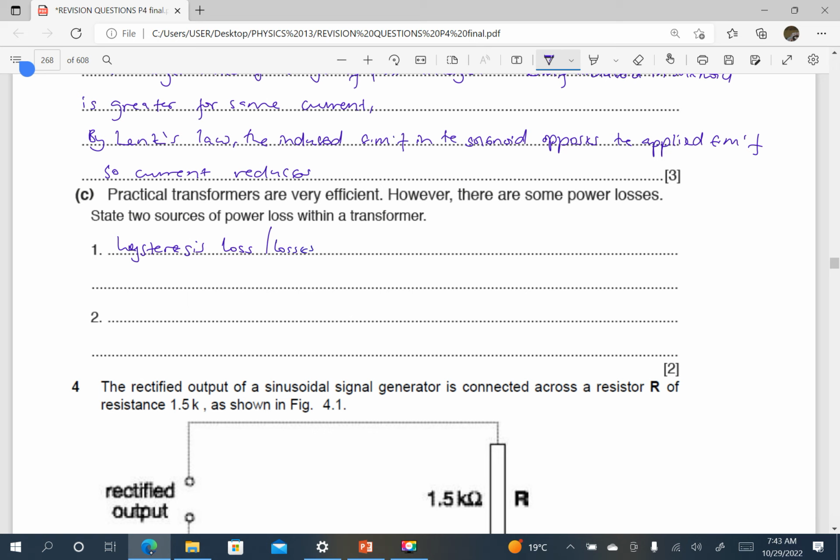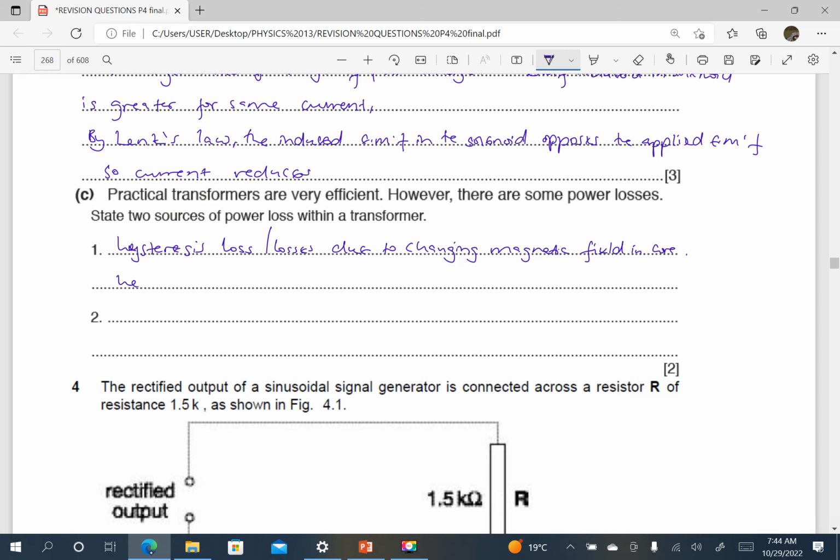That is losses due to the changing magnetic field in the core.